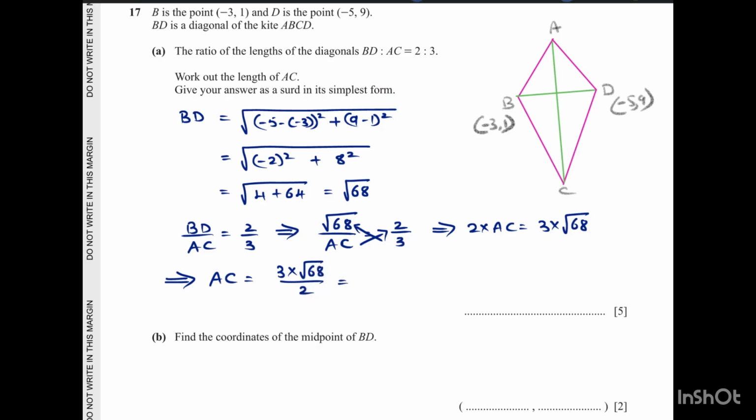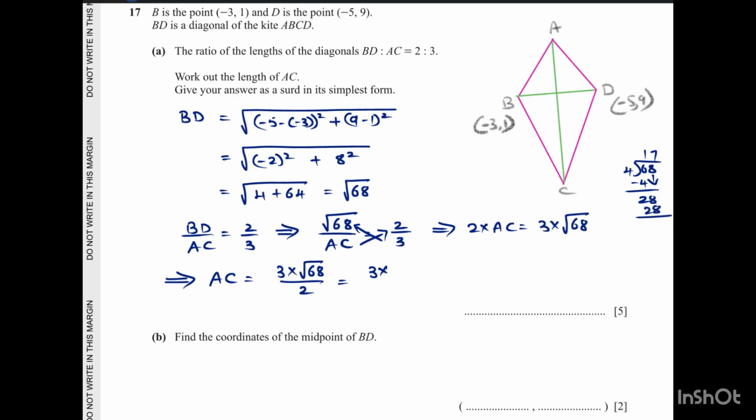You have to keep in your mind, they have asked you the answer as a surd in its simplest form. So you have to simplify the surd here. So root 68 can be written as a multiple of 4, check that. 68 divided by 4 is 17. Why am I doing this?